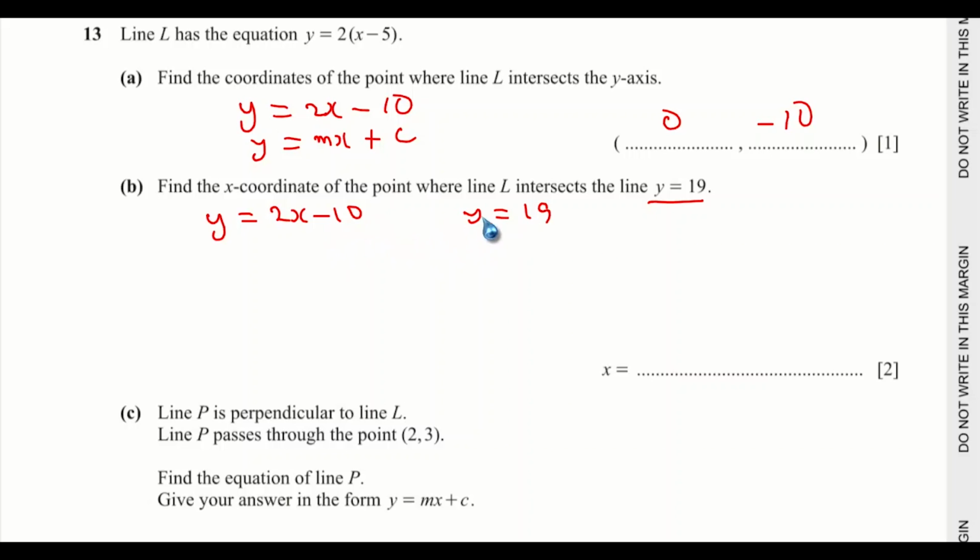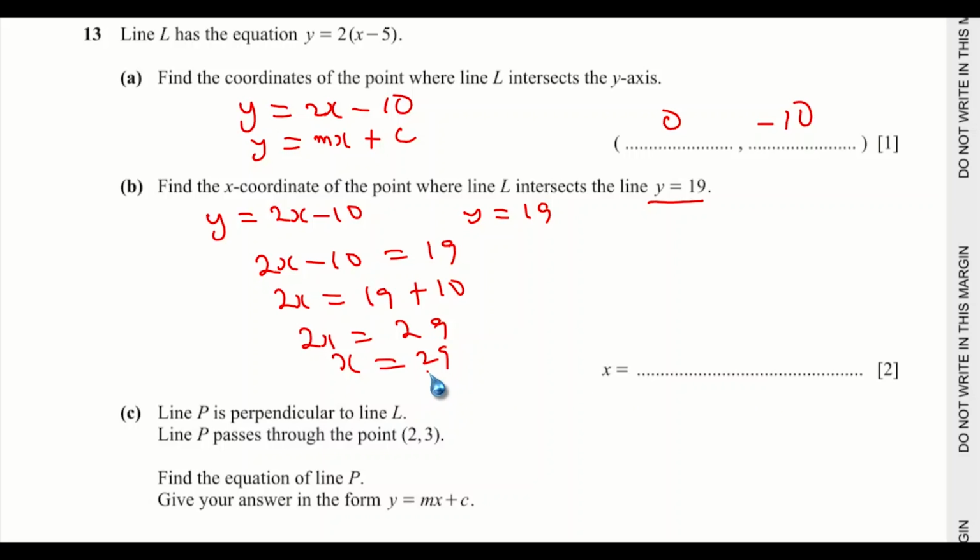Where they intersect is where they meet, so 2x minus 10 should be equal to 19. Then 2x equals 19 plus 10, 2x equals 29. We divide both sides by 2, so x equals 29 over 2, which is 14.5.